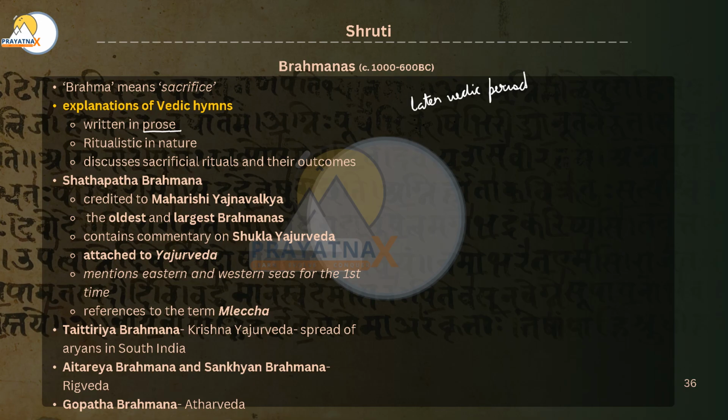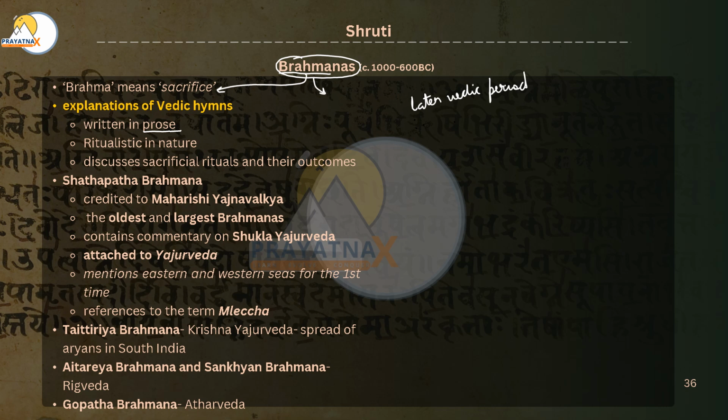If you look at the term Brahmana itself, it means sacrifice. So the entire term Brahmanas means the portions of Samhita which give prose explanations and details about the sacrificial rituals and their outcome.